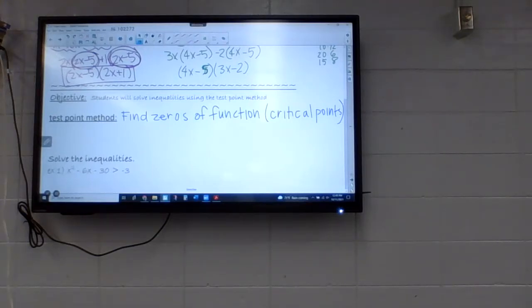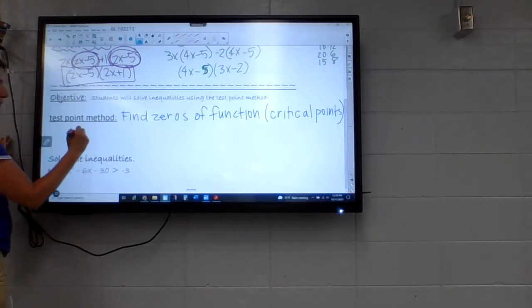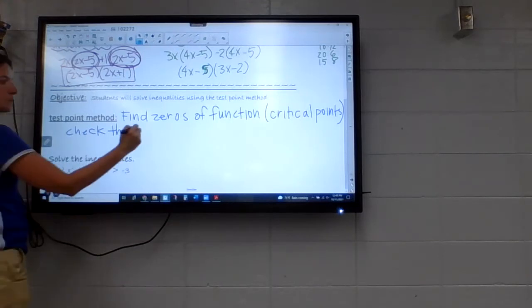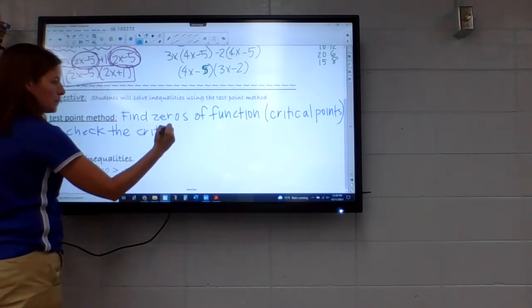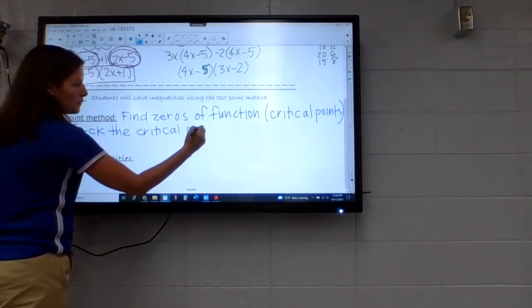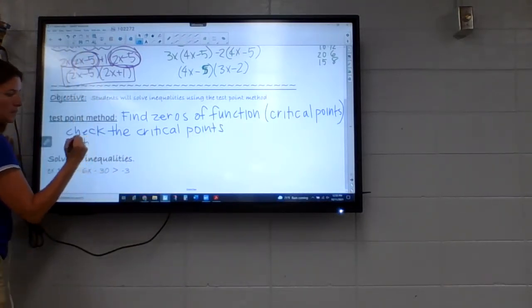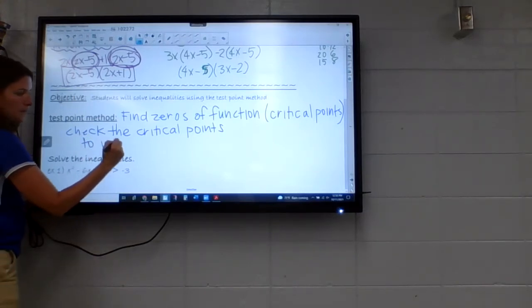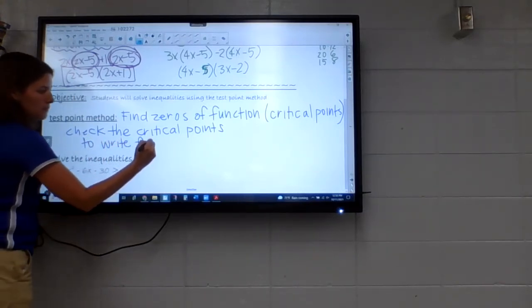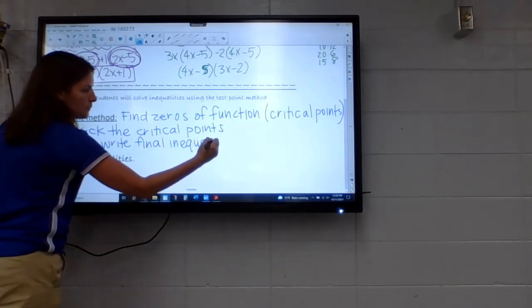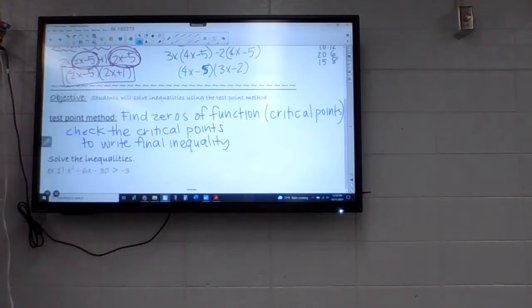We're going to check to see where the equation works and where it doesn't work. Then we check those critical points to write our final answer.